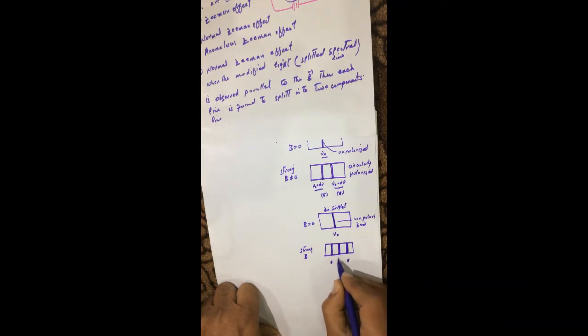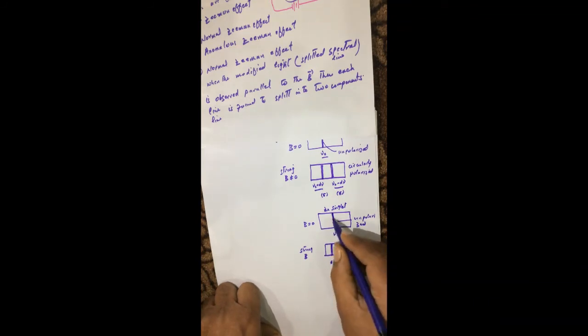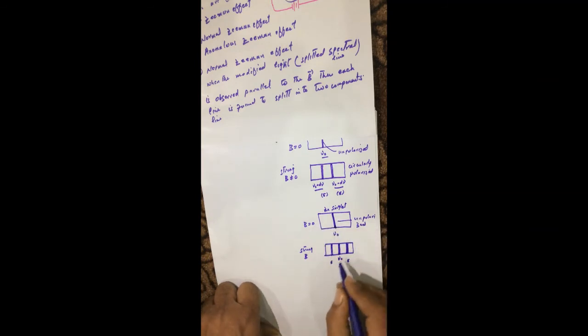This central line has a frequency equal to the frequency of the unpolarized or unaffected light when the magnetic field was 0. And these two lines on either side of nu naught, one has a frequency greater than this frequency, and one has a frequency less than this frequency.